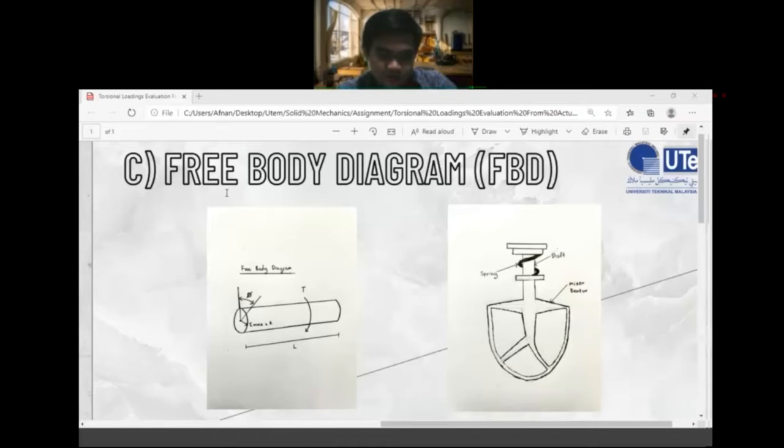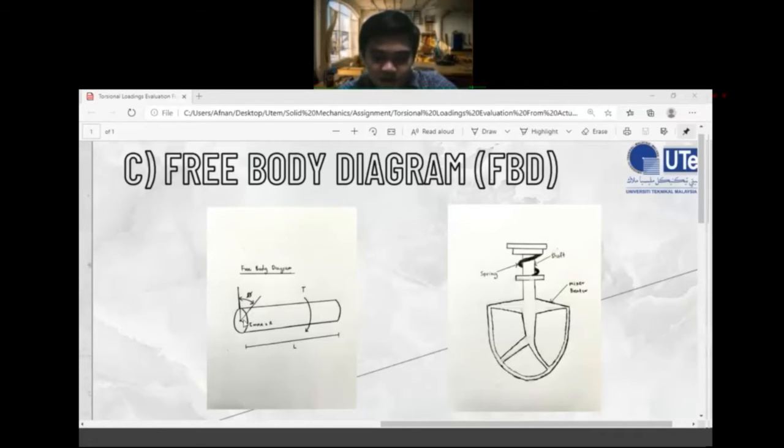Thank you, Hafiz. I am Muhammad Lukman and I will explain about the free body diagram. This is our study object and we will focus on the shaft. This is our torsion. Torsion is the twisting of an object due to applied load. This is our angle of twist, which is the angle through which the fixed end of the shaft rotates with respect to the free end.